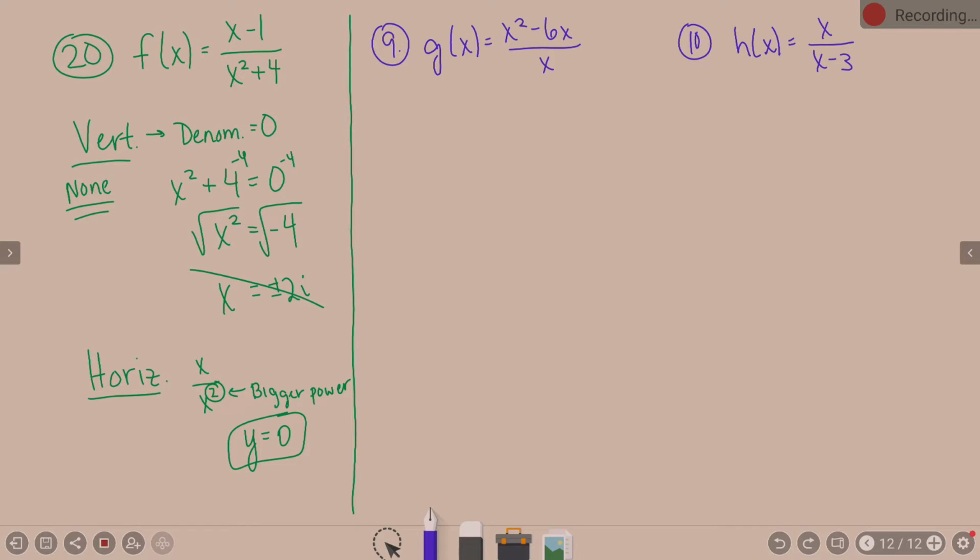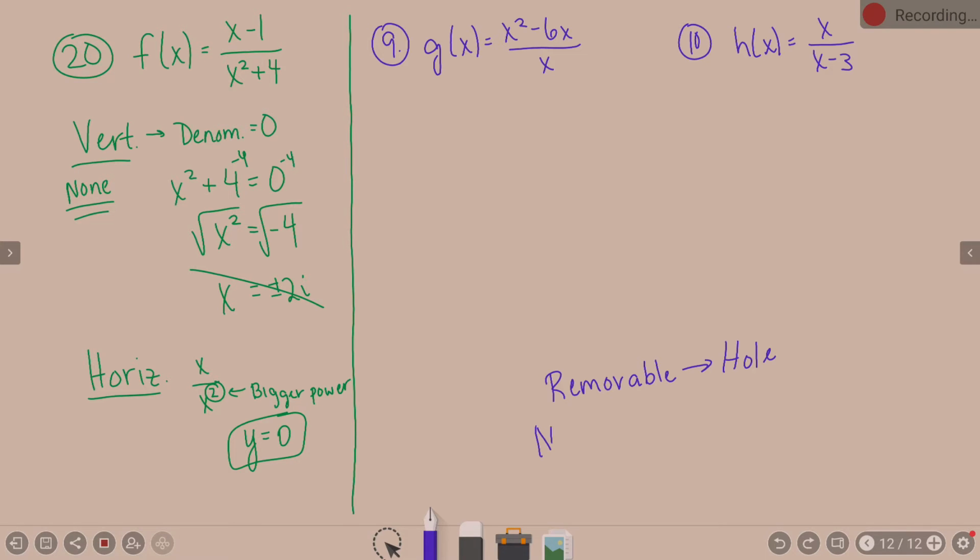Okay, so I'm talking about points of discontinuity on 9 and 10. They want to know if it's removable or non-removable, yes? So if we want to know if it's removable or non-removable, what's removable mean? Removable means there is a hole.